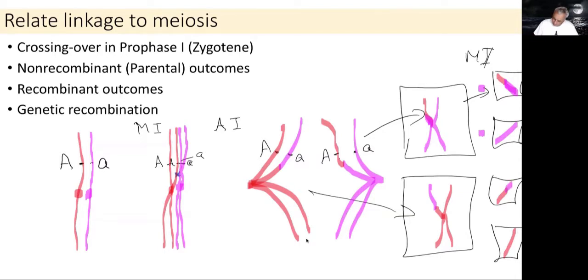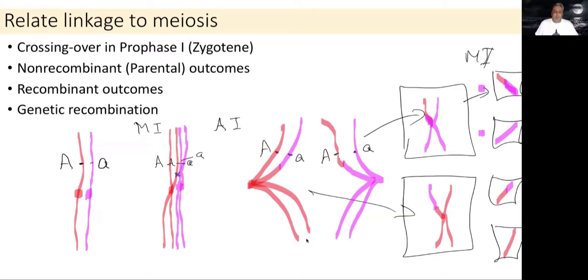There you go. Okay, and that's how we explain a single factor, a single characteristic, a single gene with two alleles segregating into the haploid cells, right? In this case, the gametes.